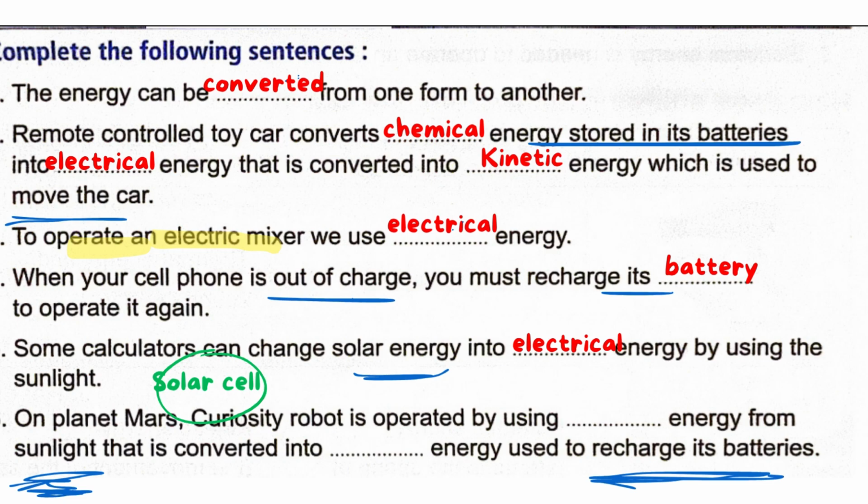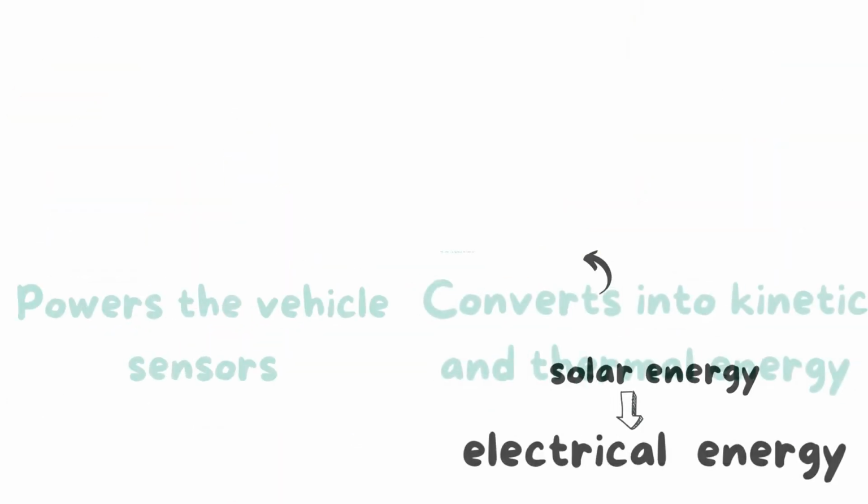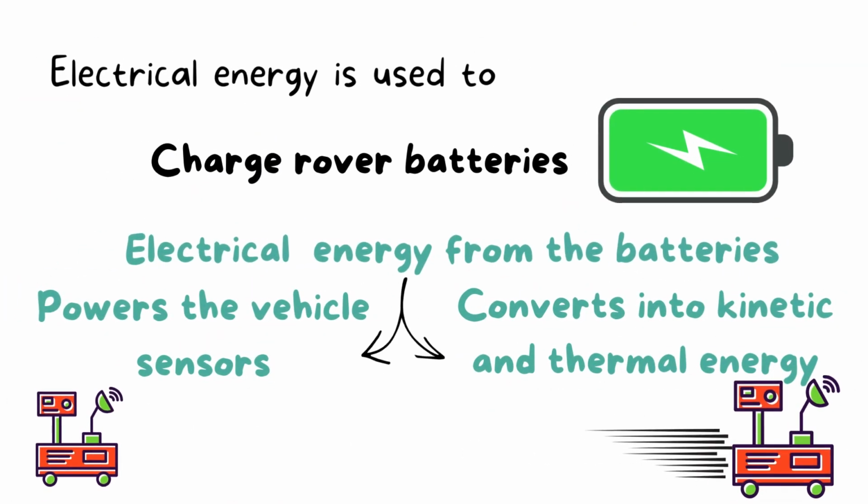So we know that the Curiosity robot changes the solar energy into electrical energy by using the solar panel. Yes, and this electrical energy is for recharging the batteries and making the rover move across the planet Mars surface.